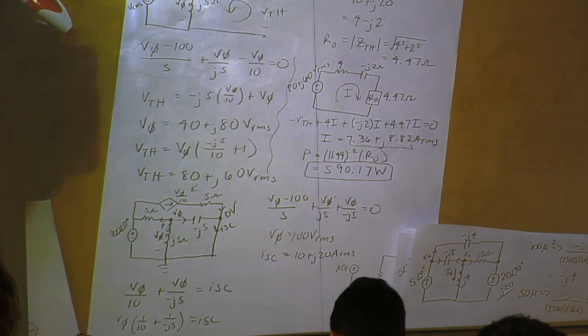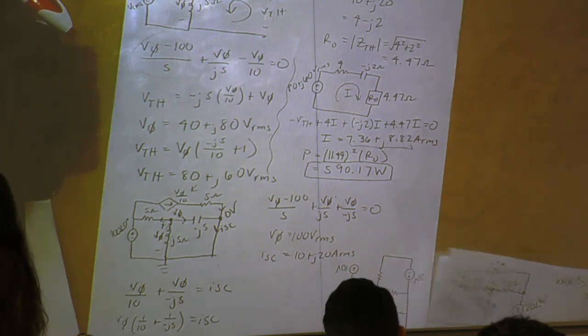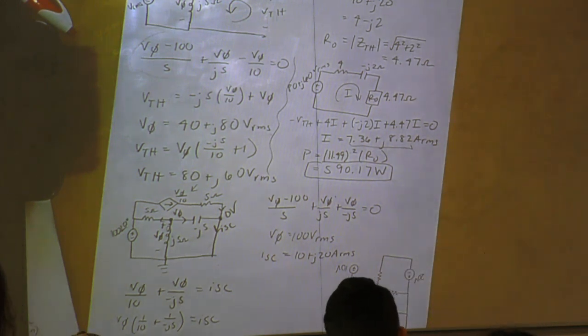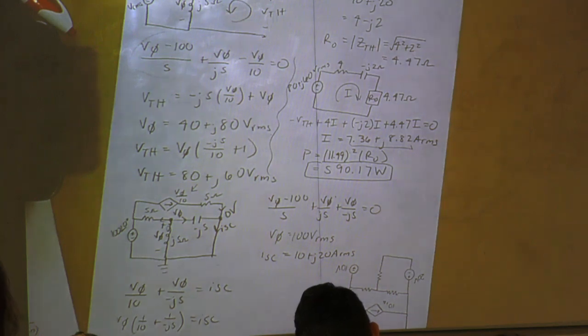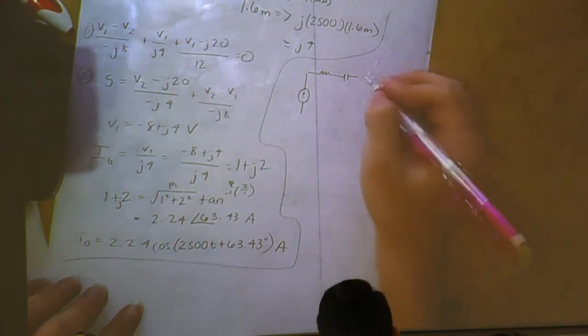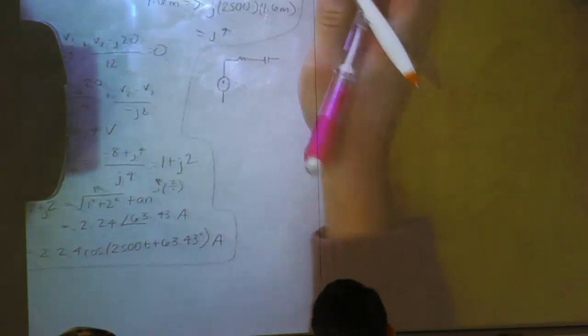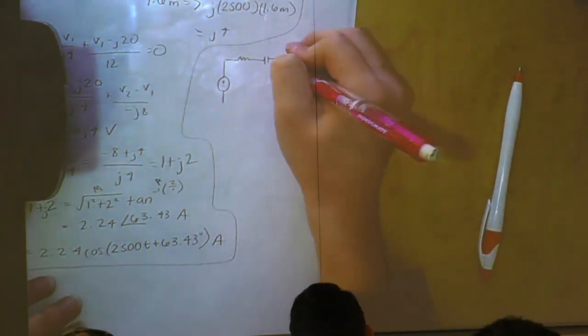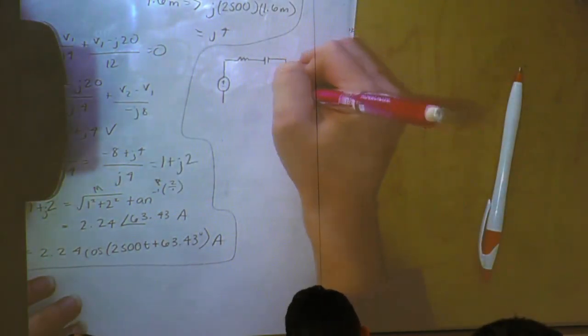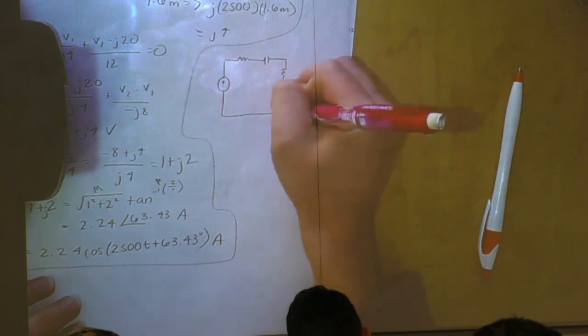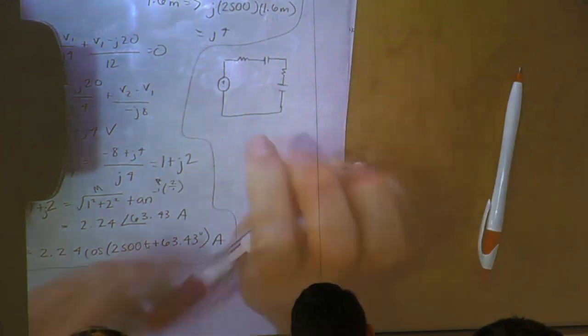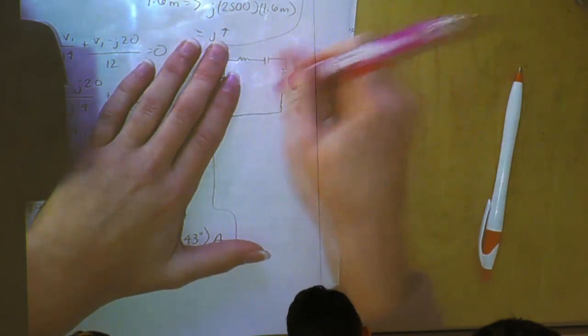So then it wants the power of Z load, or the load. Z load is the conjugate of our ZTH. So our Z load will just be... this will be positive for an inductor because it's positive.